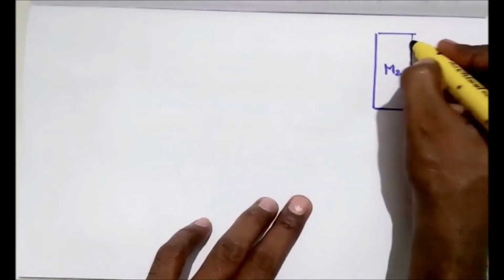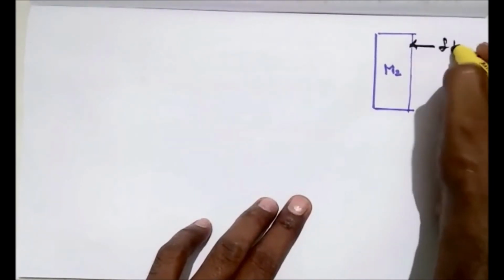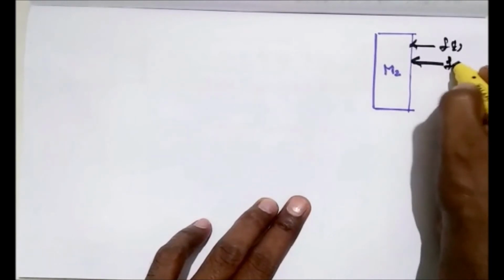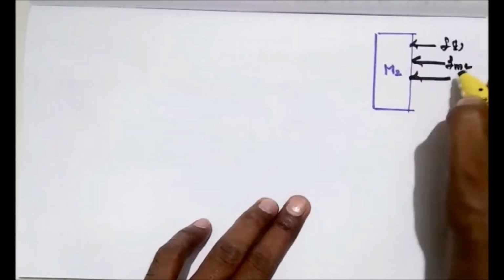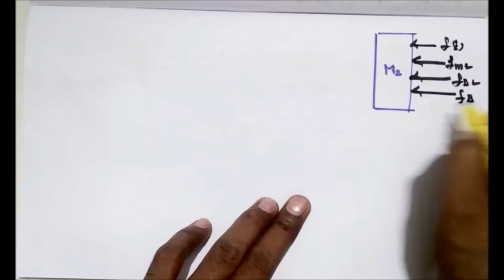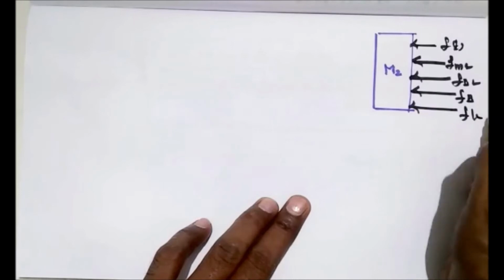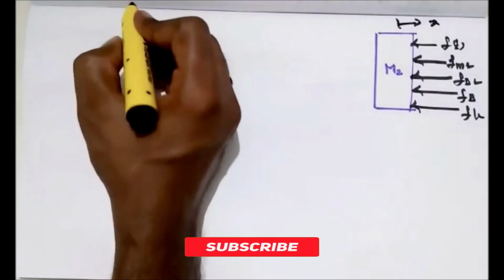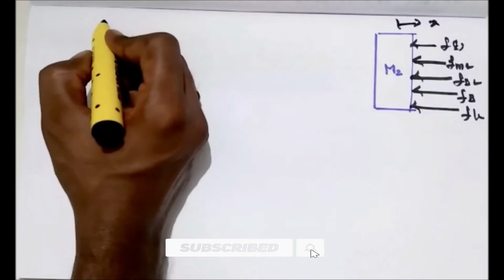The forces acting on mass 2 are first the applied force F of t, then due to its own mass Fm2, due to damper Fb2, due to damper Fb, and due to spring element Fk. Its displacement is x. Now we have to write the force balance equation.